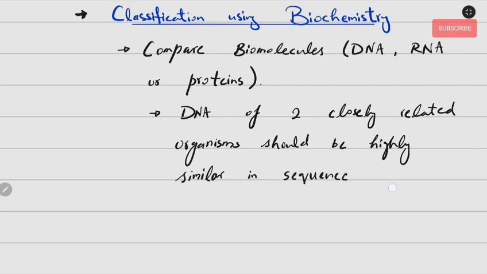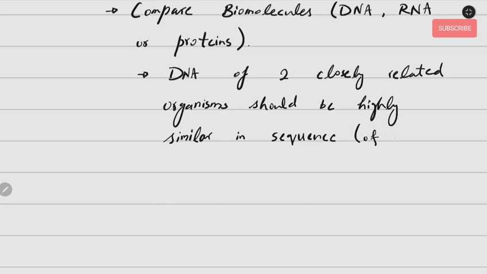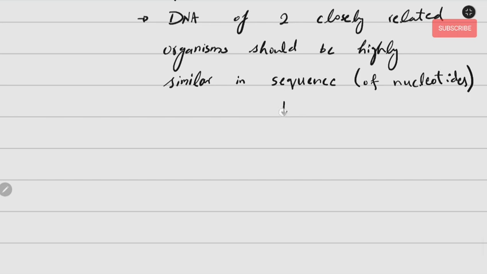DNA is made up of smaller units called nucleotides, right? So if we compare the DNA of humans with the chimpanzees, the DNA of these two species should be very similar in sequence of the nucleotides. The similarities show that these organisms are closely related, or you can say it reflects their evolutionary relationship.